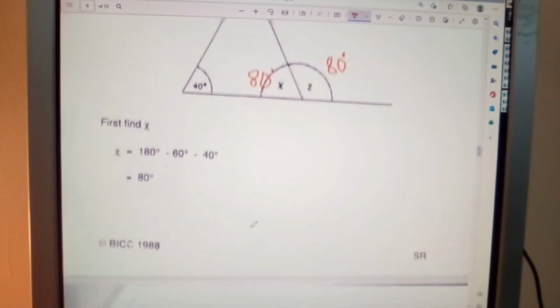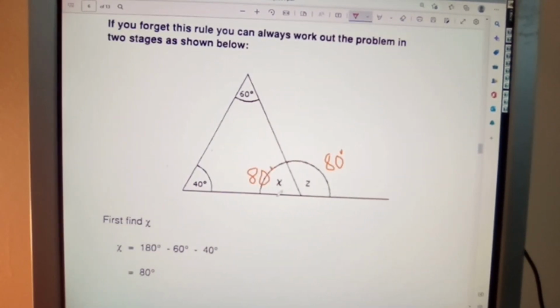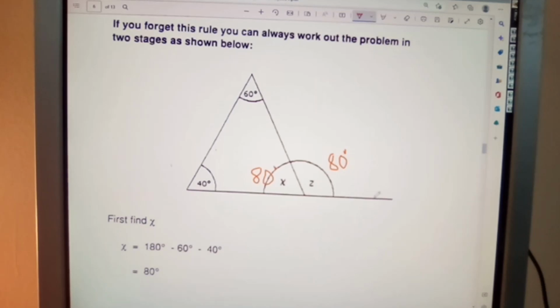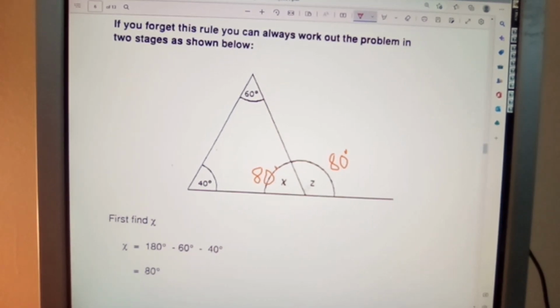X is 80 degrees. This is a straight line, 180. If the angle is 80 degrees, angle A should be the same, 80 degrees.